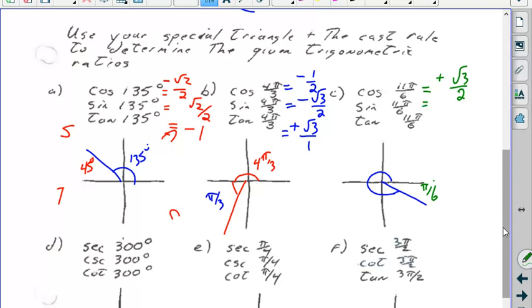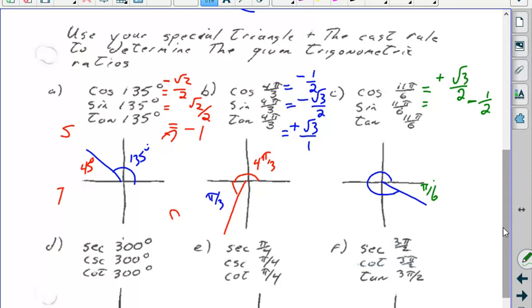Sine of 11 pi over 6, so I'm going to my triangle. What is sine of pi over 6? Well, that's 1/2. The opposite over the hypotenuse. Down here, sine is negative. If we go back to our definition, where sine is equal to the y coordinate of the point on a unit circle, you can see why it's negative.